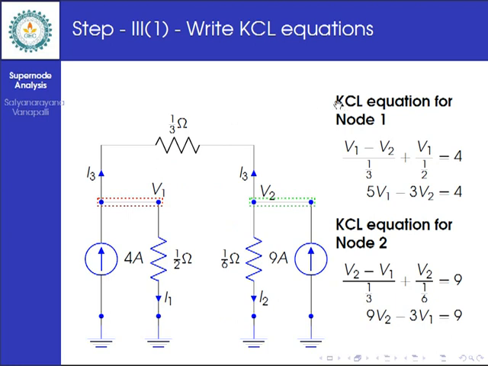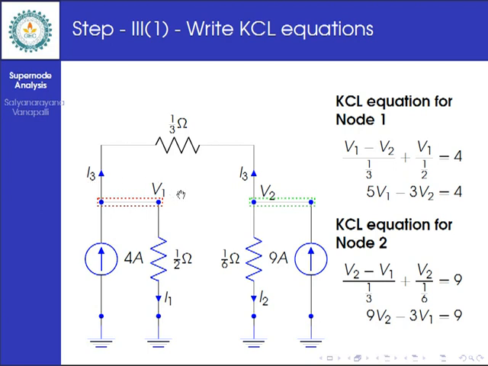Here we try to write Kirchhoff's current law equations for node 1 and node 2. That means write the KCL equations separately for both the nodes. So 4 amperes is entering the node, I1 and I3 are leaving node 1.